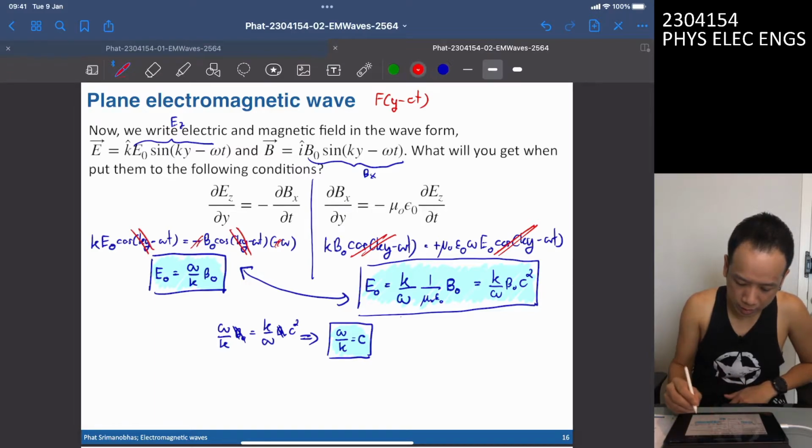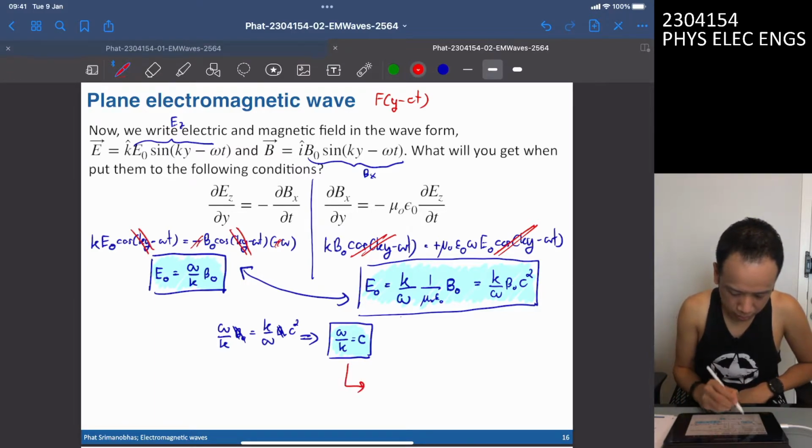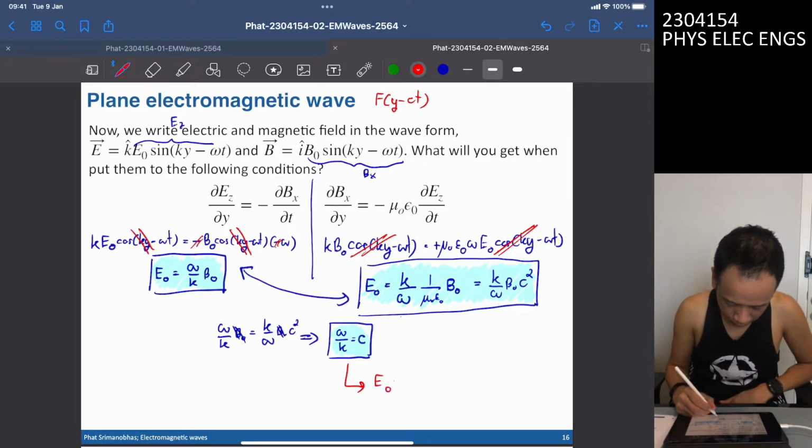From this consequence, you put it back into the first one, and you get E0 equal to B0 c.